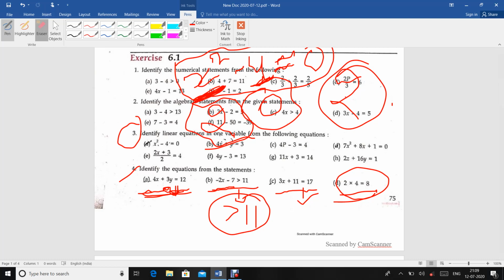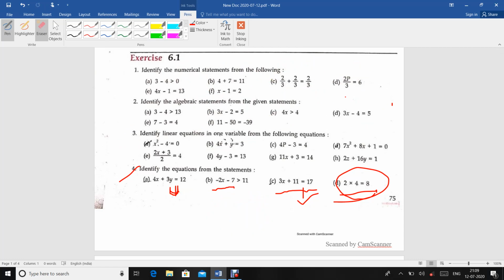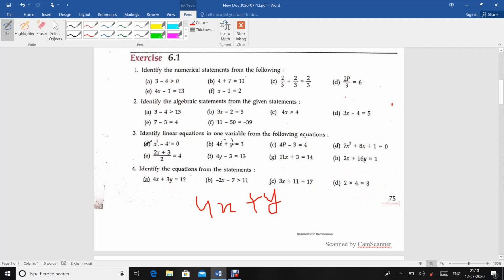The next part is 4x plus y is equal to 13. In the term 4x, the power of x is 1, so the degree is 1. The power of y is 1, so the degree is 1.